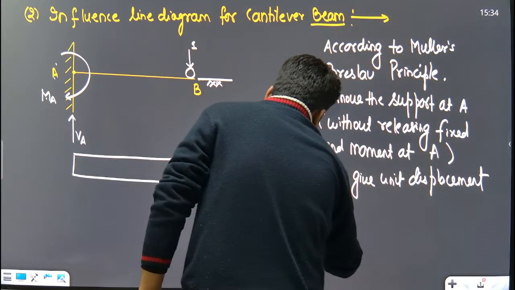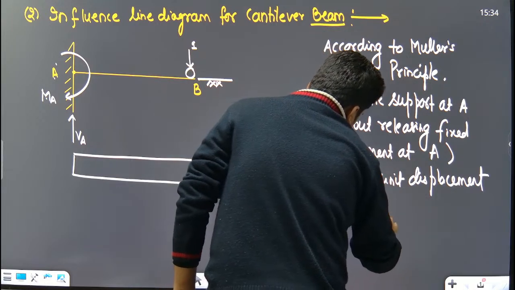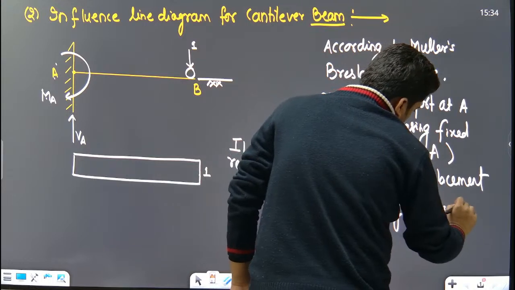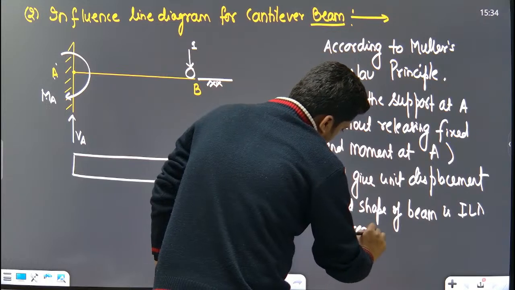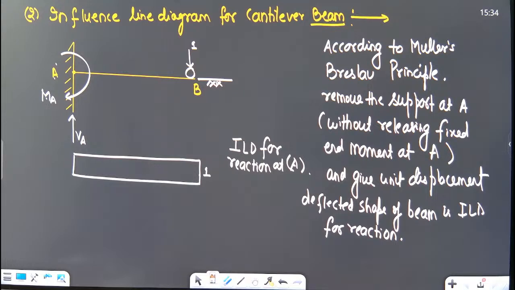Understood everyone? The deflected shape of the beam is the ILD for reaction. So this is the first concept.